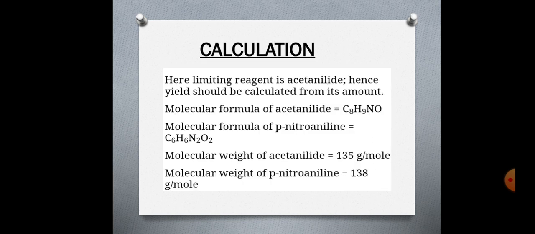Calculation. Here the limiting reagent is acetanilide, hence the yield should be calculated from its amount. The molecular formula of acetanilide is C8H9NO. The molecular formula of para-nitroacetanilide is C8H8N2O3. Acetanilide has a molecular weight of 135 gram per mole and para-nitroacetanilide has 180 gram per mole.